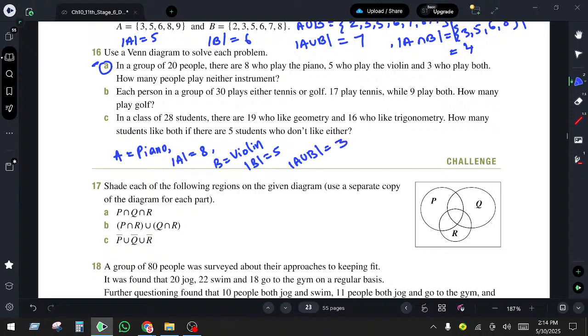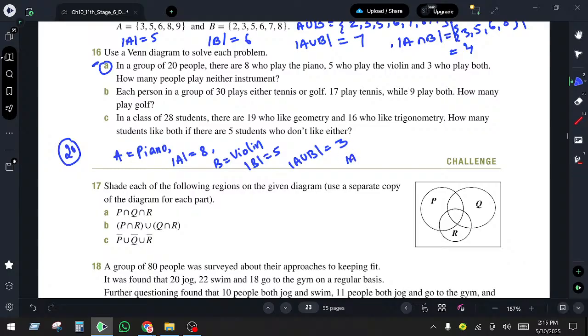It is 3. So how many people play neither of the instruments? Neither means none of them. There are 20 people.